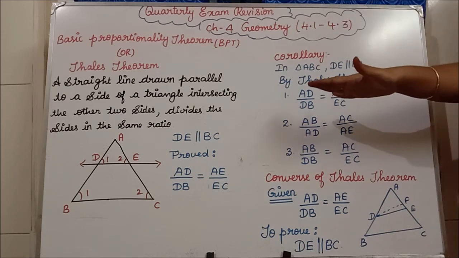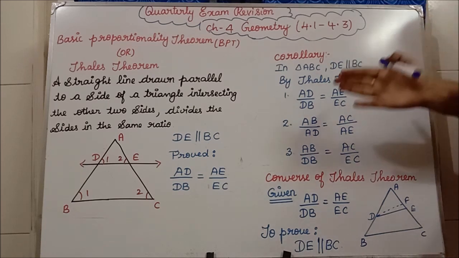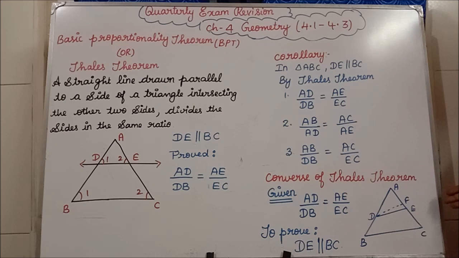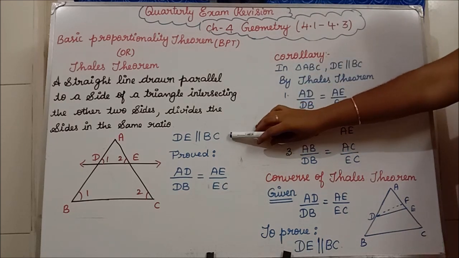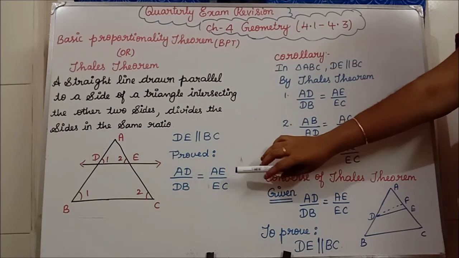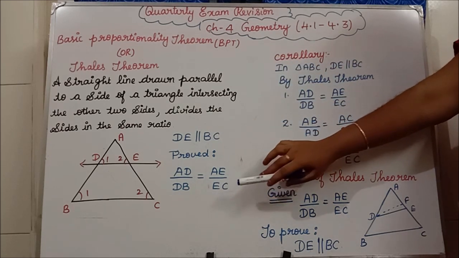In that basic proportionality theorem itself, we have the converse part. What is the difference between the basic proportionality and the converse part? In basic proportionality, they have given DE is parallel to BC, and we proved AD divided by DB is equal to AE divided by EC.